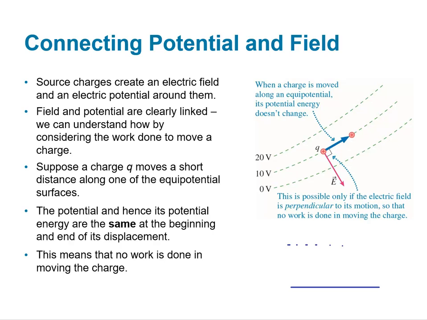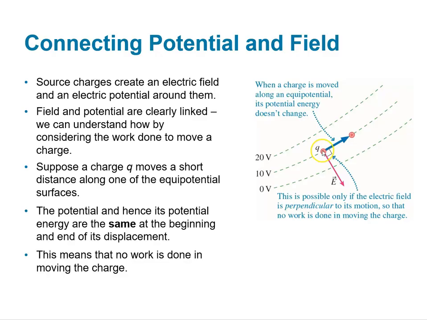Think of if you pick up a book. Initially, when you pick it up, its gravitational potential energy changes. But if you move forward with the book, all you're doing is carrying the book. You're not changing the potential energy of the book by moving it horizontally. So likewise, when a charged particle moves along an equipotential line, it's not gaining or losing any potential energy.